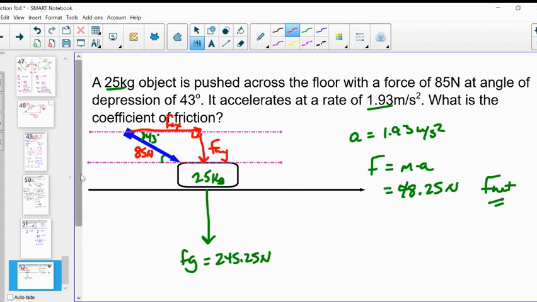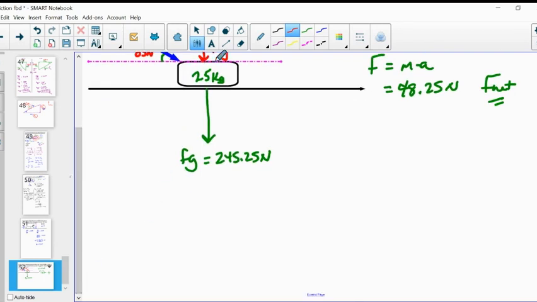So what do we do next? Well, I think I'm going to explore this triangle. Once again, we had a force vector here of 85 newtons with a right angle here. And this is 43 degrees in here.